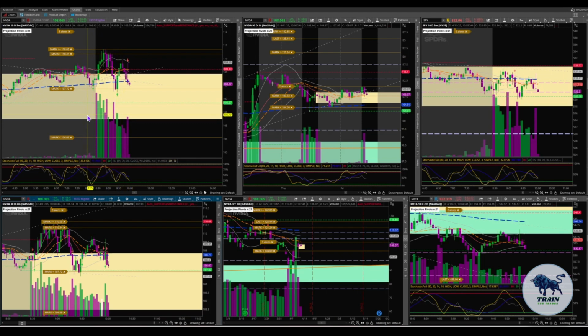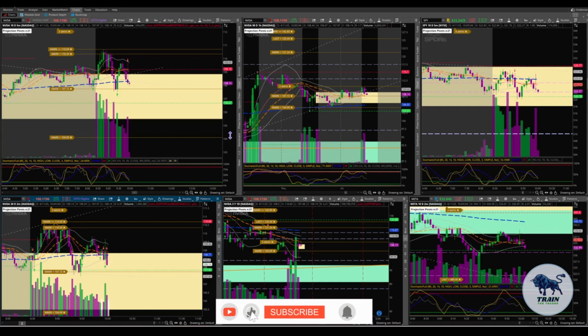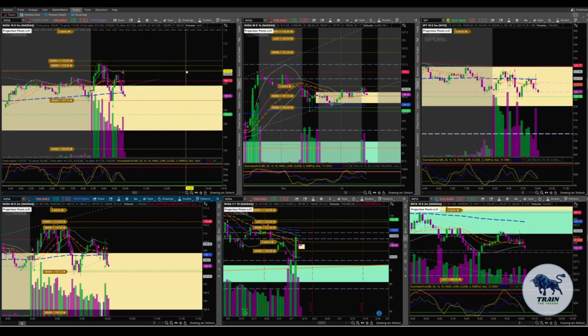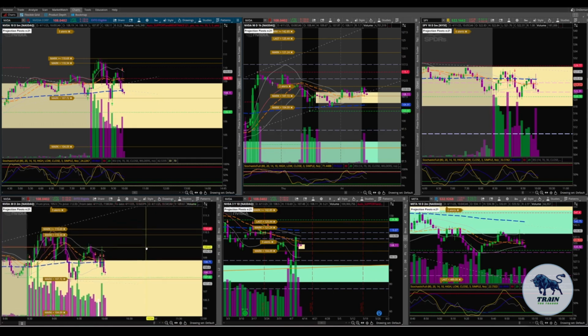So that means there's a serious fight right now going on between buyers and sellers. And based on my system that I've adopted, this position one bull picture, I'm willing to hold through this because if we come out of this, the trade is going to be massive. So that's what I'm doing.